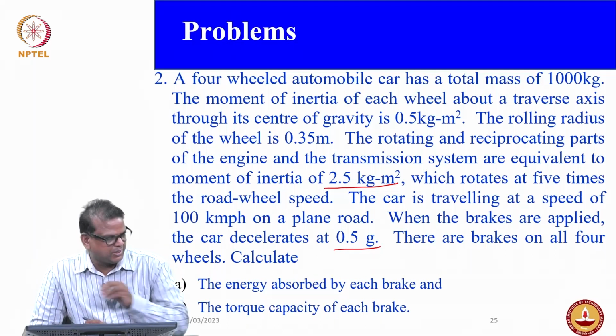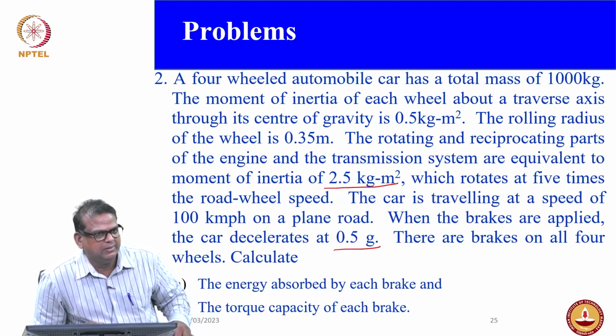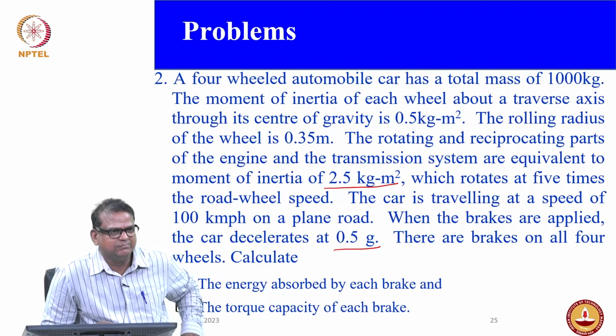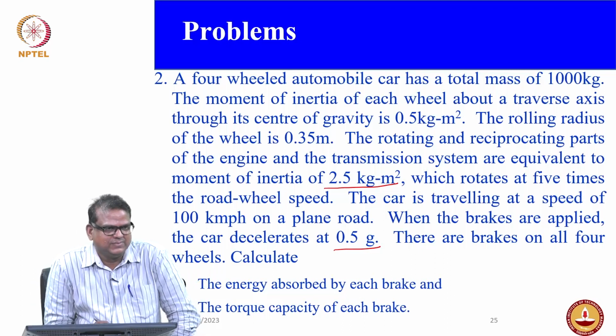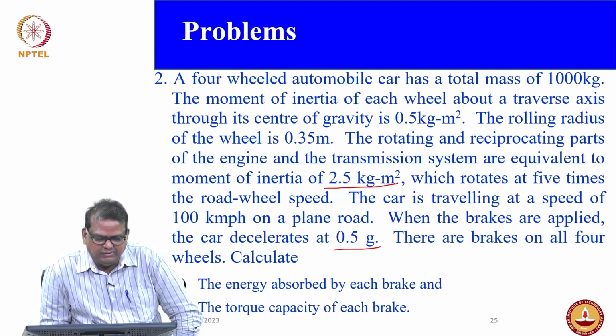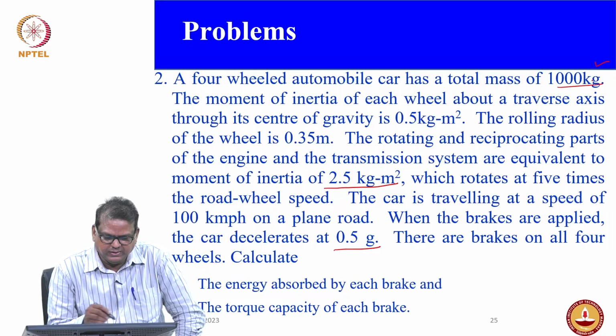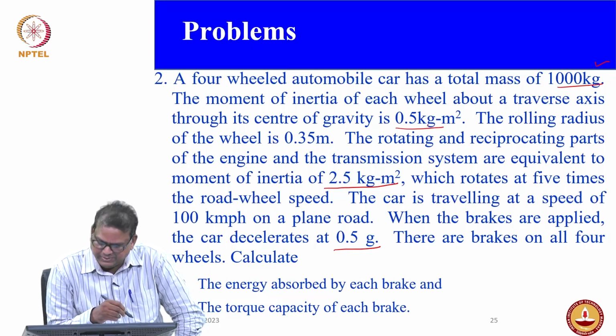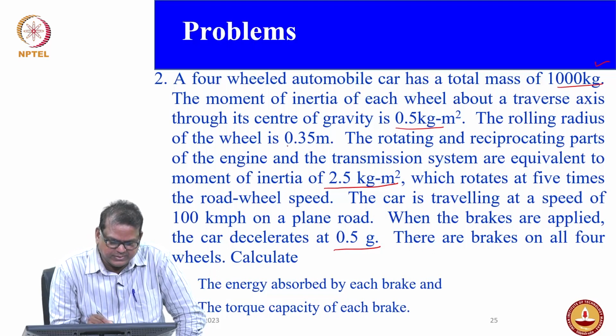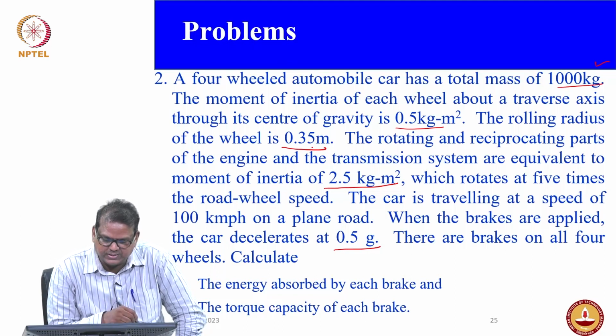So, how is this problem different from the previous one? What data do you have here? The mass is given, 1000 kg, right? Then the moment of inertia about the center of gravity is given, 0.5 kilogram meter square. Then the radius of the wheel is given, 0.35 meter.